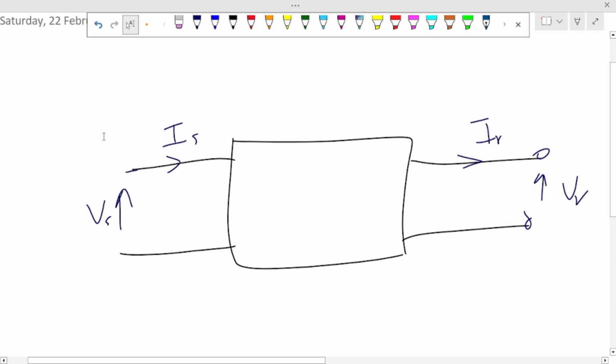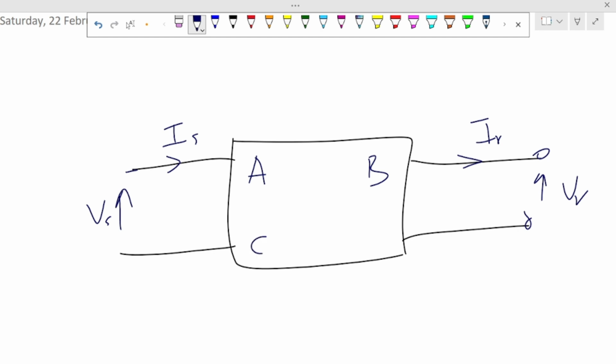So in order for what we have in the input to be equal to what we have in the output, we introduce A, B, C, D as constants, ABCD constants. These will serve as amplifiers so that our inputs will be the same as outputs.